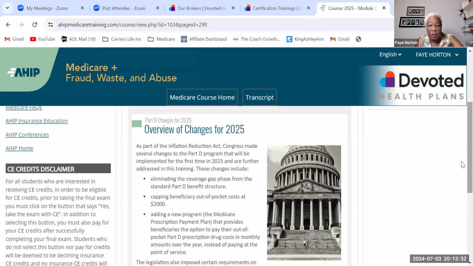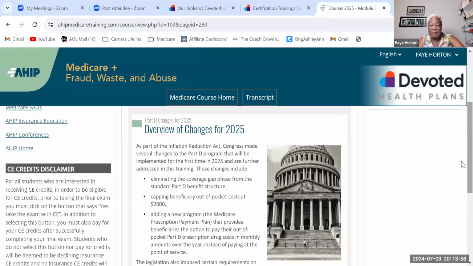So there is no donut hole starting January 1, 2025. Capping beneficiary out-of-pocket cost at $2,000. So when the beneficiary's prescription drug costs total $2,000, there is no catastrophic phase.